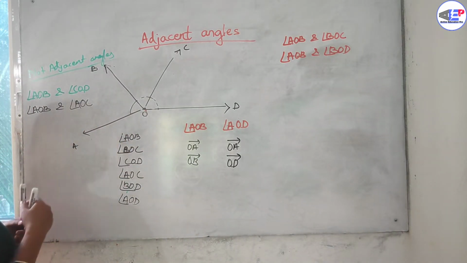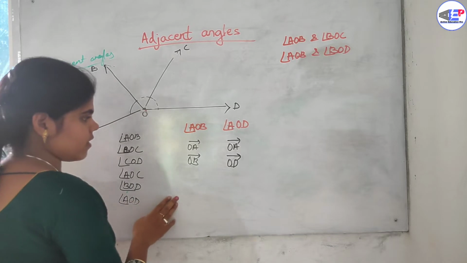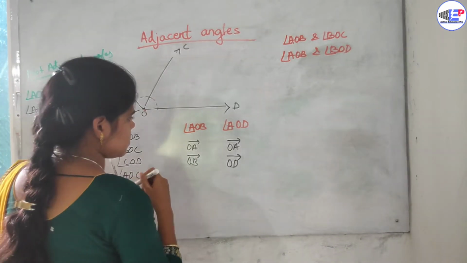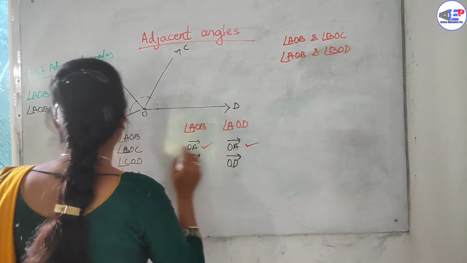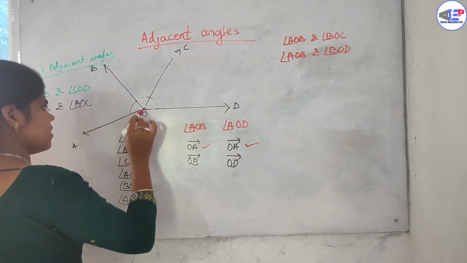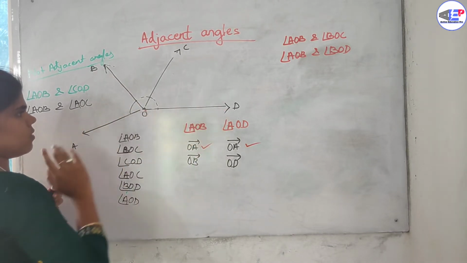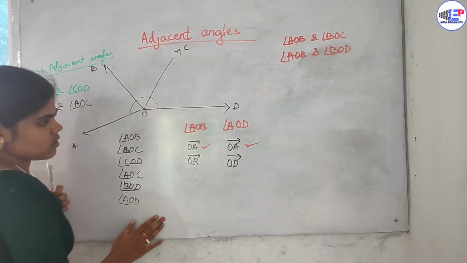According to the first condition of adjacent angles, O is the common vertex, and let us find out the common arms. This is OA. OA is the common side of these two angles AOB and AOD. The next condition is the second condition.